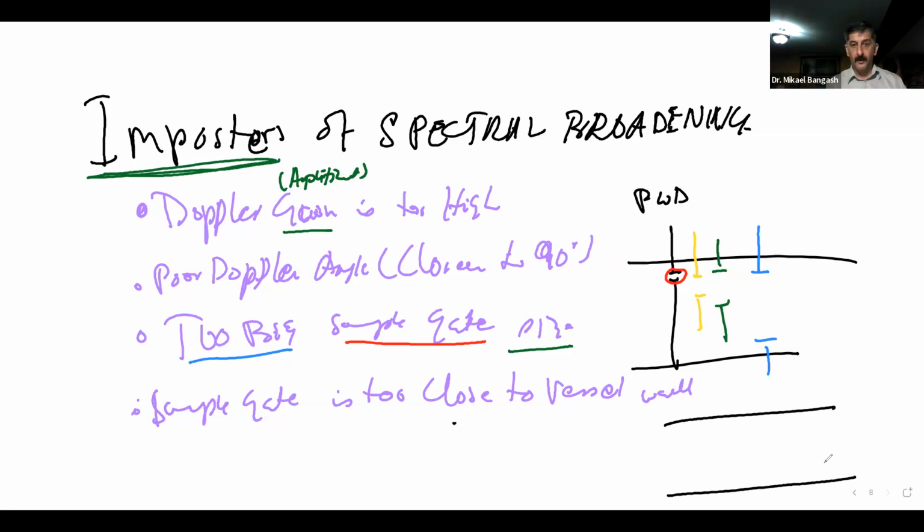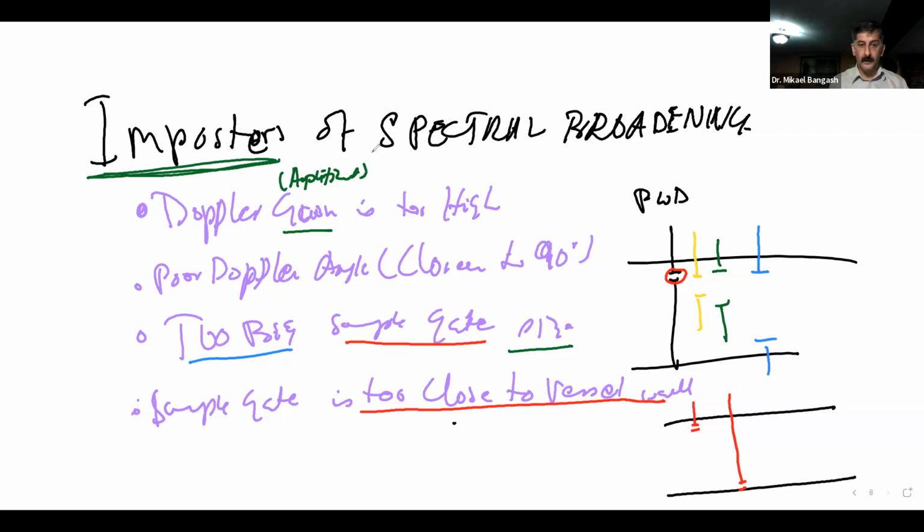If the sample gate is kept like something like this, that is going to be too close to the vessel wall. Even if you take the sample gate all the way down here, that is still too close to the vessel wall. And what is that going to cause?